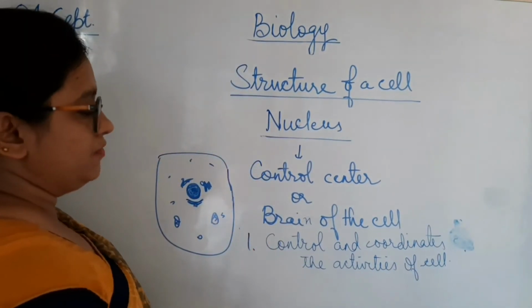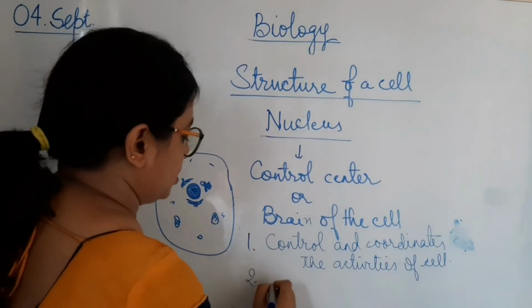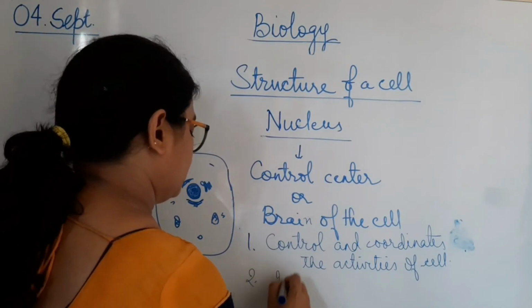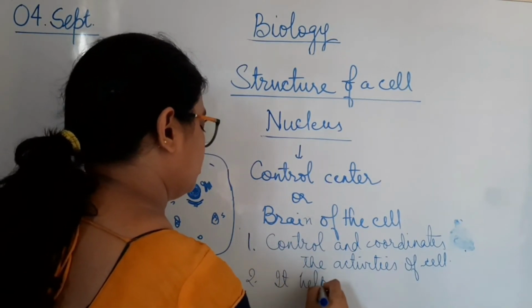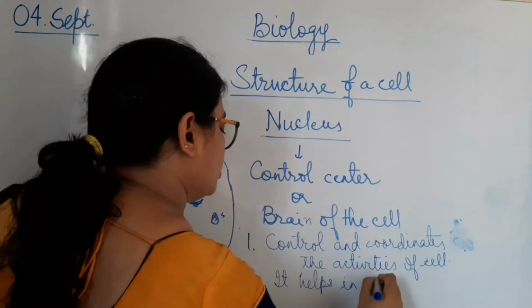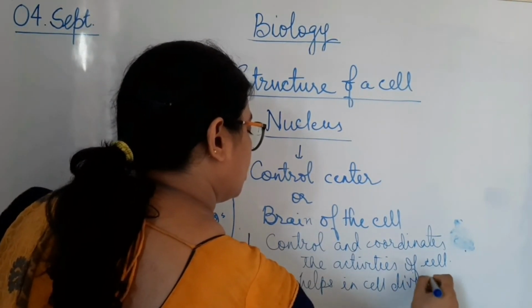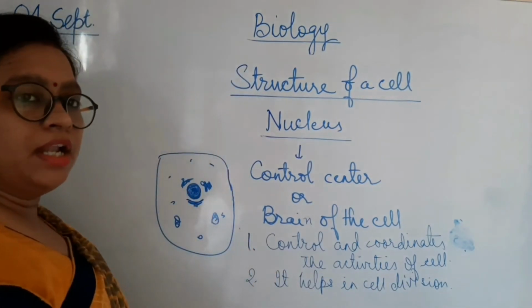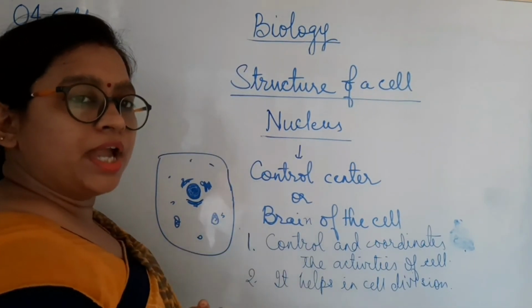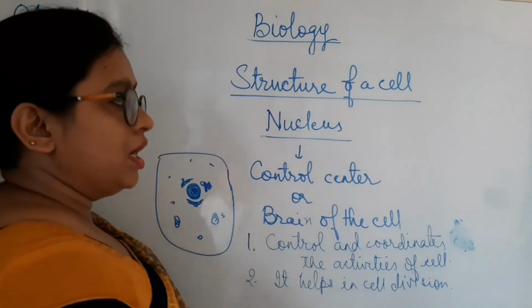It helps in cell division. The second point of the function is that it helps in cell division, and very important, it helps to transmit the important characters from one generation to another generation.